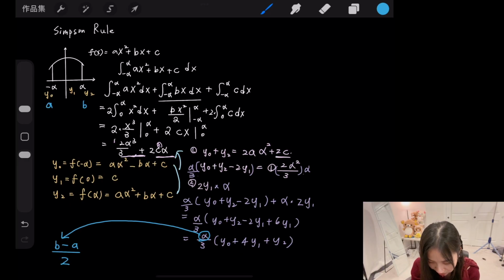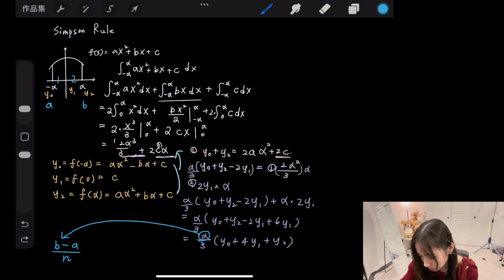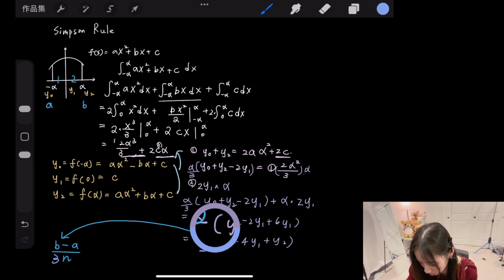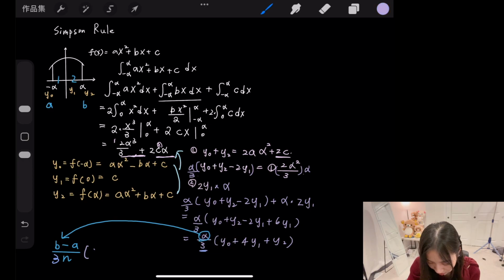Which 2 is like here, 1 and 2. So will be your N. And then here, don't forget the 3. Maybe this 3. Okay, so here will be the same. Your y sub 0 plus 4 times y sub 1.